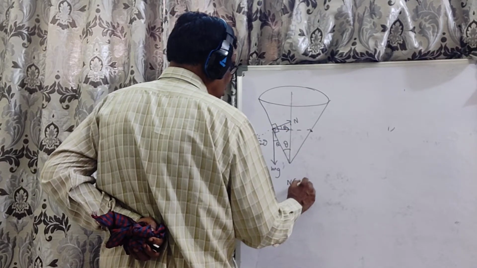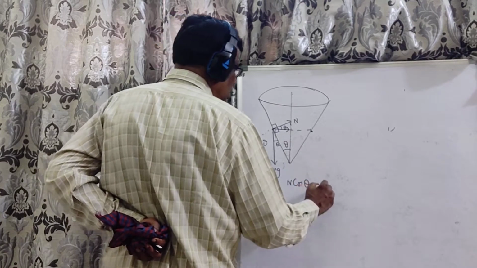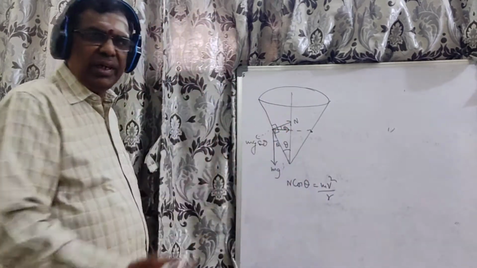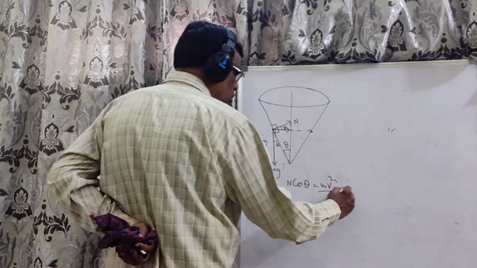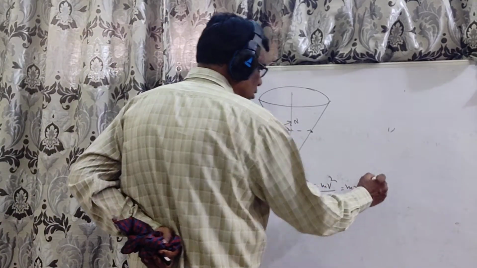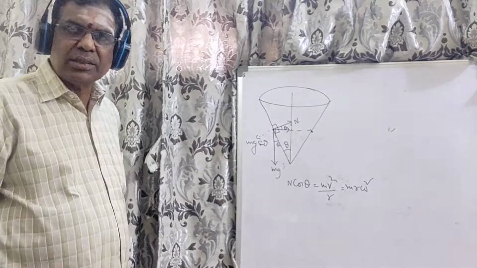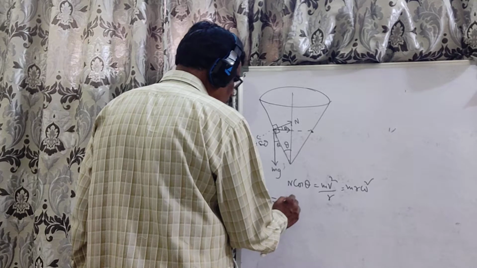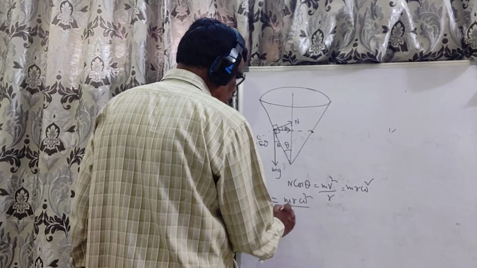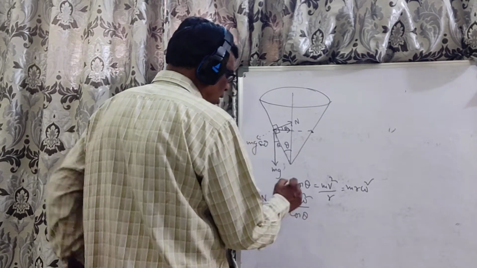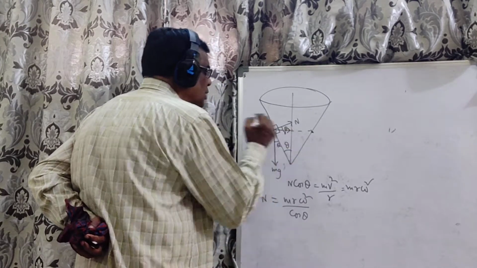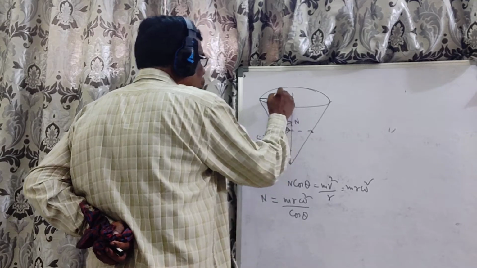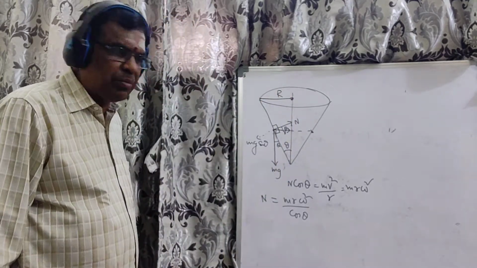N cos theta. That is your centripetal force, if it is moving with v, or you may write it as m r omega square. So N is m r omega square by cos theta. But this r is this, and here the cone's radius is capital R.